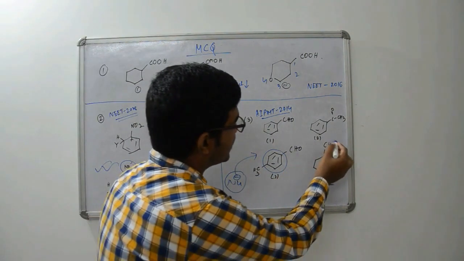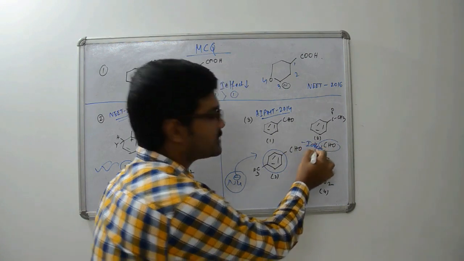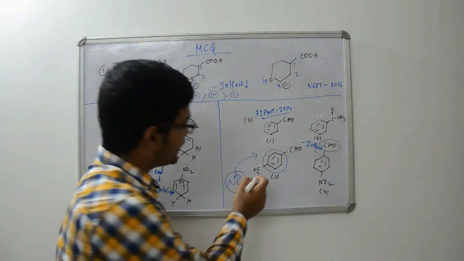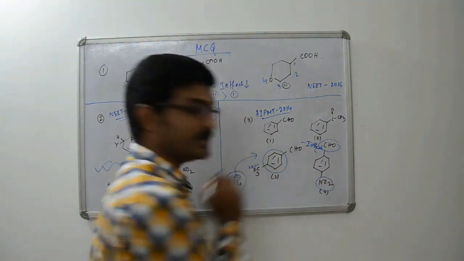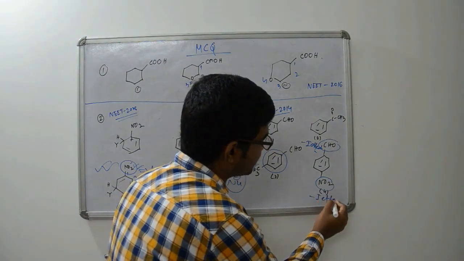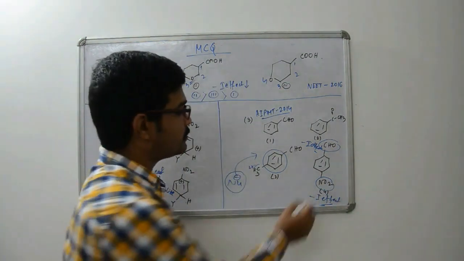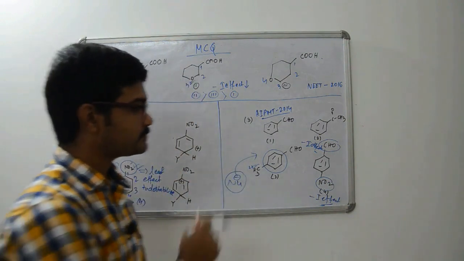Now we know that CHO has strong minus I effect, right? But here CH3 is already there. Here NO2 is there, right? So this has also strong minus I effect. Also this group shows minus R effect also.